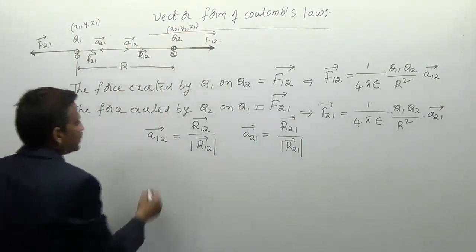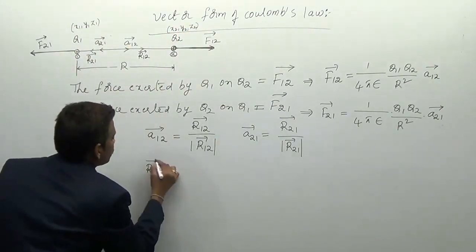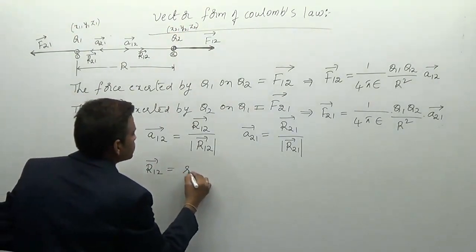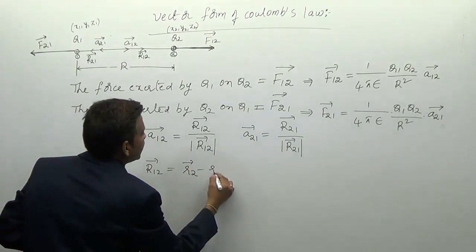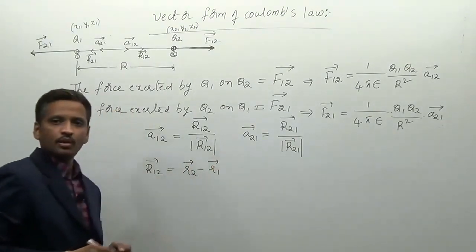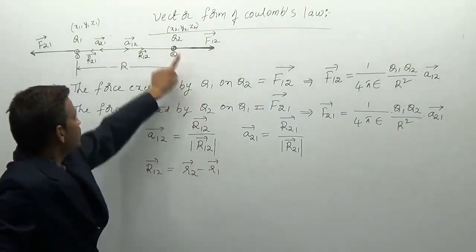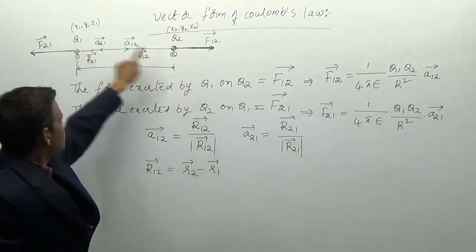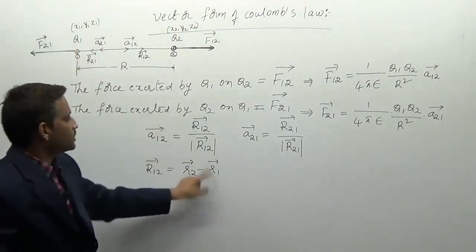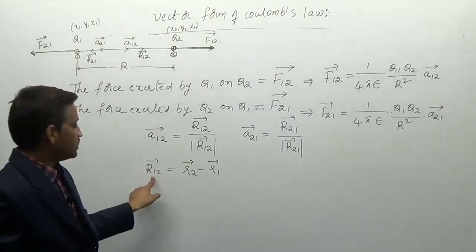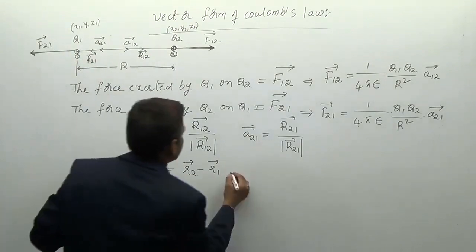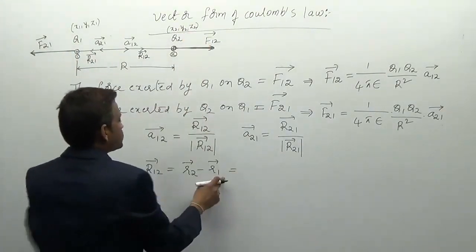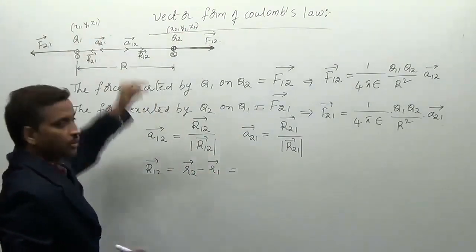If you want to find R12 vector, it is always represented as R2 vector minus R1 vector. Whenever you want R12 vector, this point minus this point, that is R2 minus R1, gives us R12 vector. So this is equivalent to R2, which is x2, y2, z2, minus R1, which is x1, y1, z1.